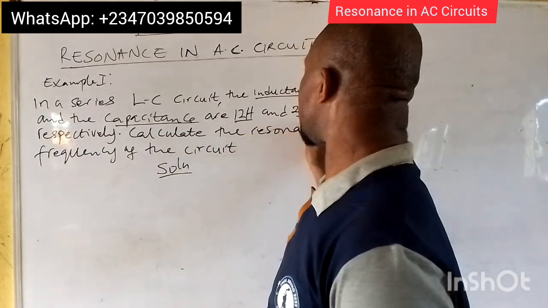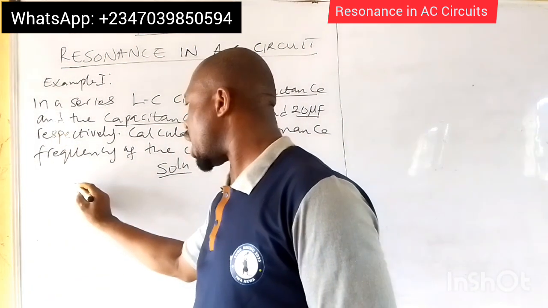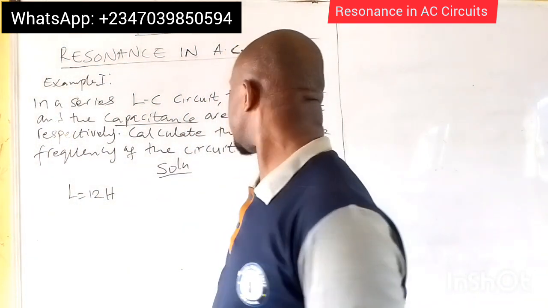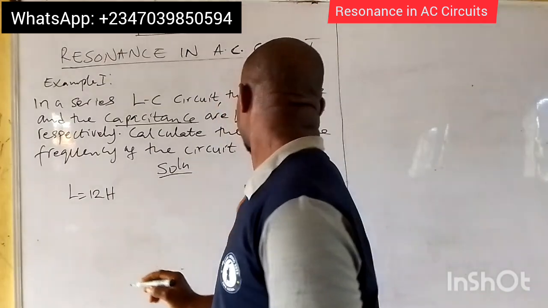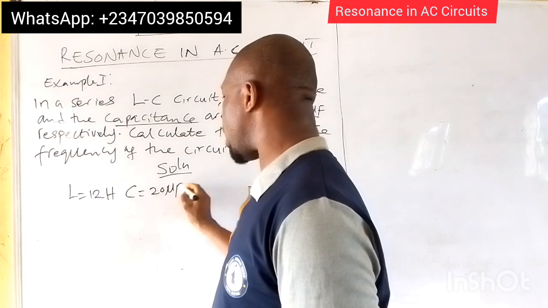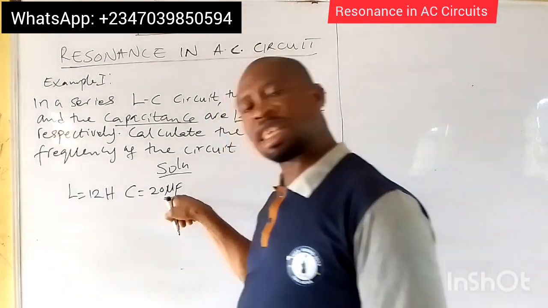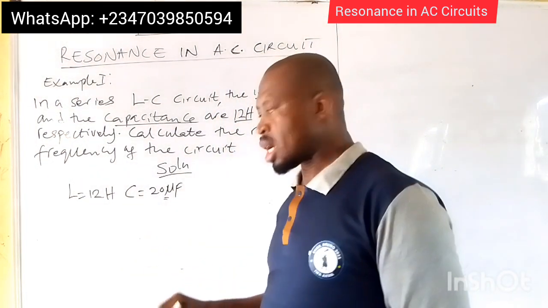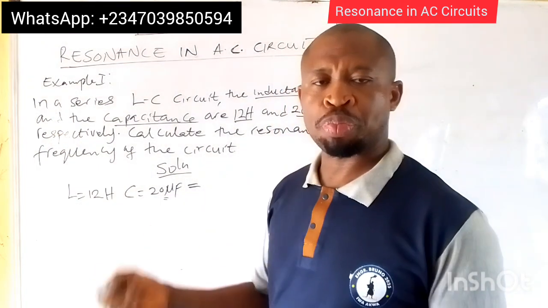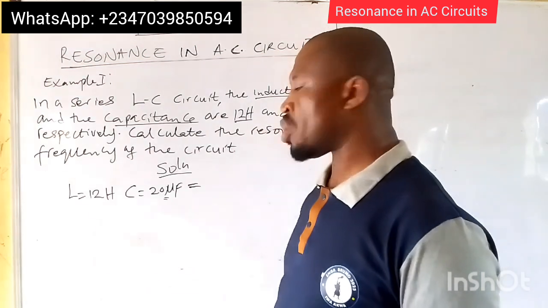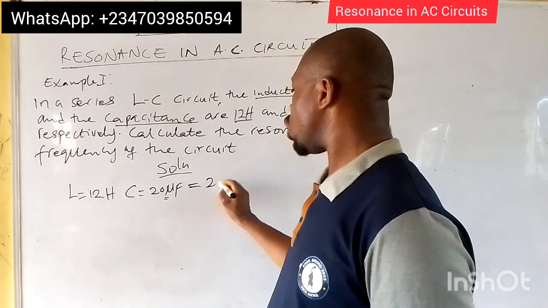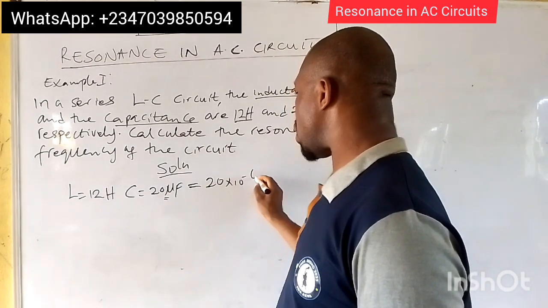That means the inductance L is 12 Henry, and the capacitance C is 20 microfarad. Remember, this micro, you must convert it. It means something, and you must use it. It means 10 raised to power minus 6, which gives us that the capacitance here is 20 times 10 raised to power minus 6 farad.